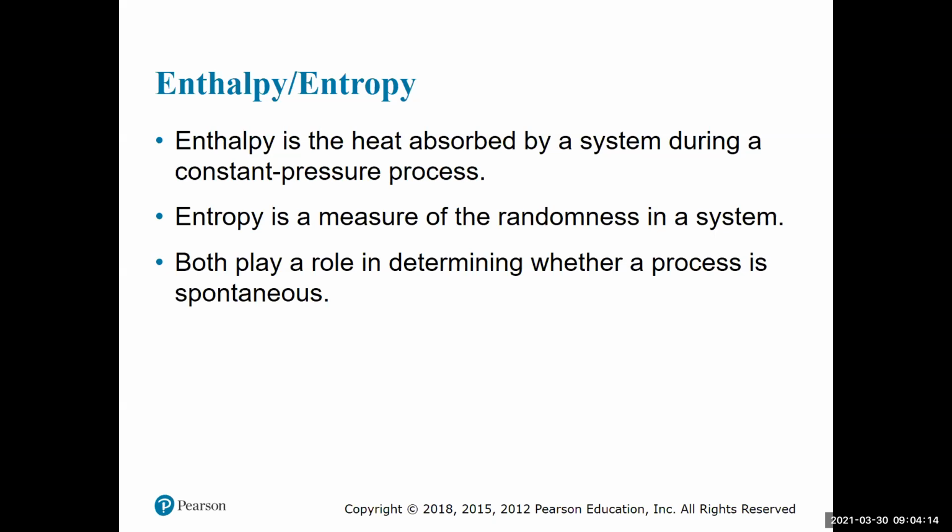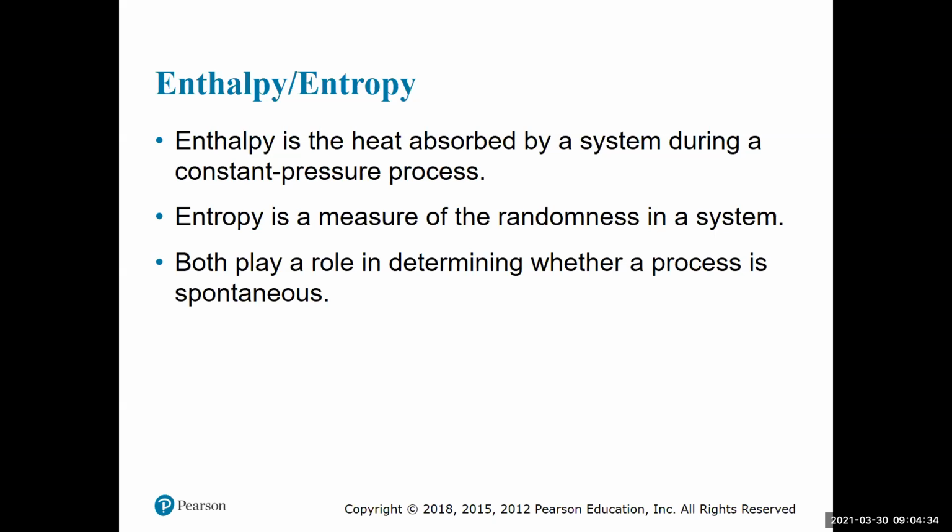We've also mentioned just a tiny bit entropy, and we're going to go into more detail on that today. Entropy is the measure of randomness in a system. So randomness, chaos, things like that, that's what you're talking about when you're talking about entropy.